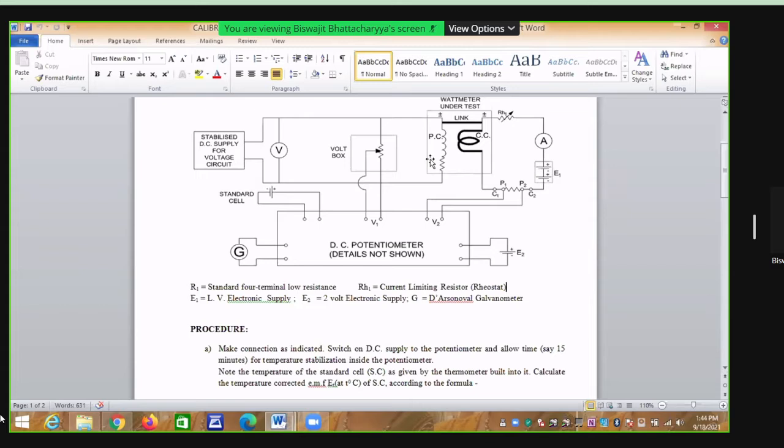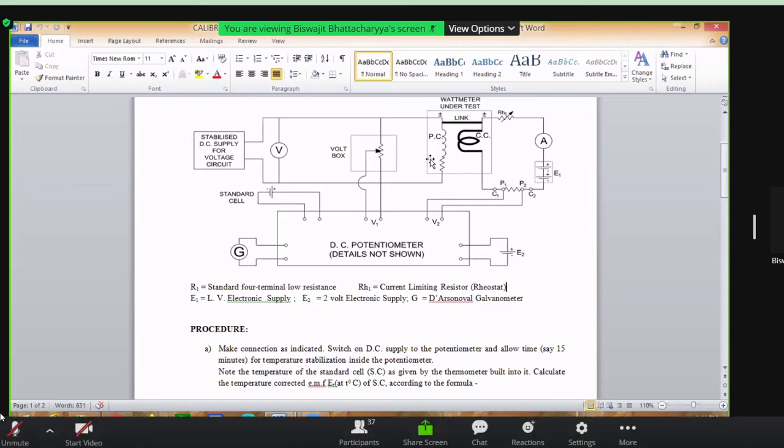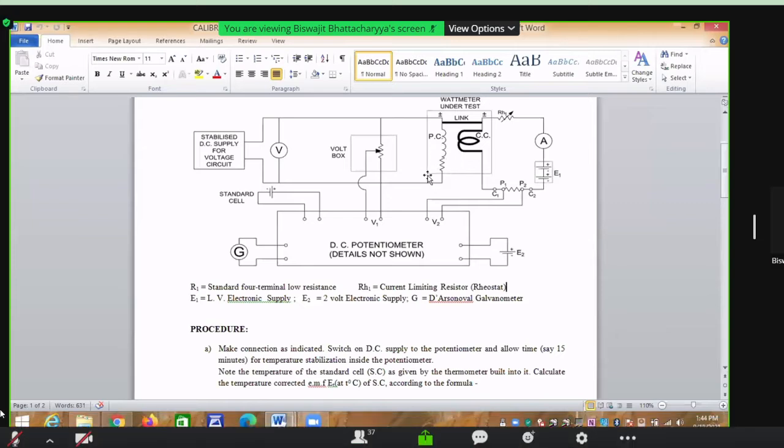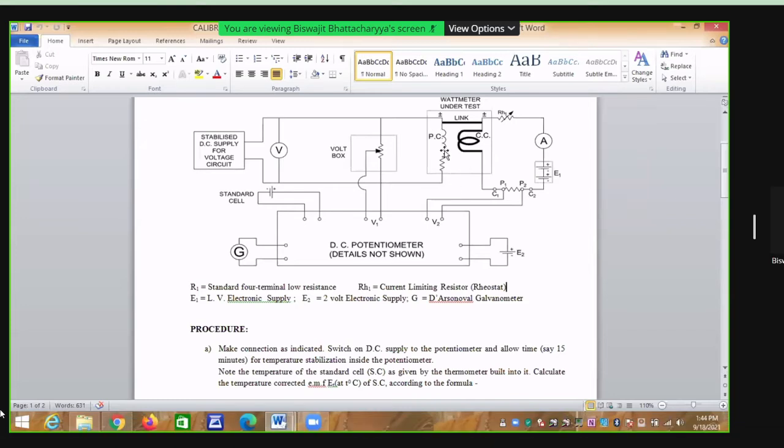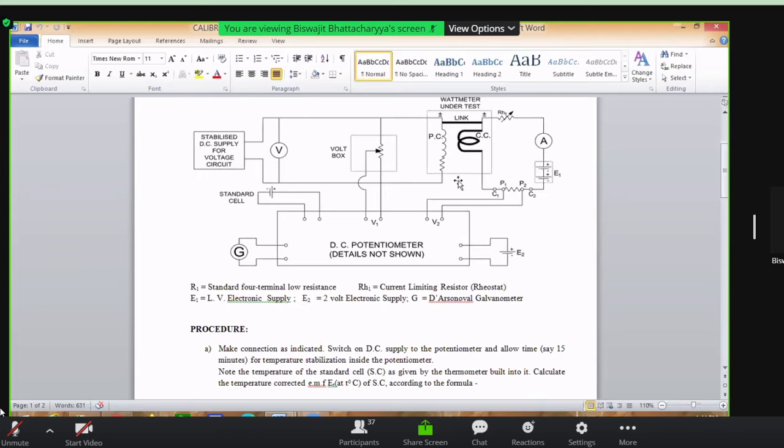But to reduce the current of the pressure coil further to a very small value, you know, the pressure coil is a moving coil, so you want to reduce its current always. So how do we reduce it? We insert a high-valued series resistance in the pressure coil, so high compared to the resistance of the pressure coil that most of the voltage will be dropped across the externally added series resistance.